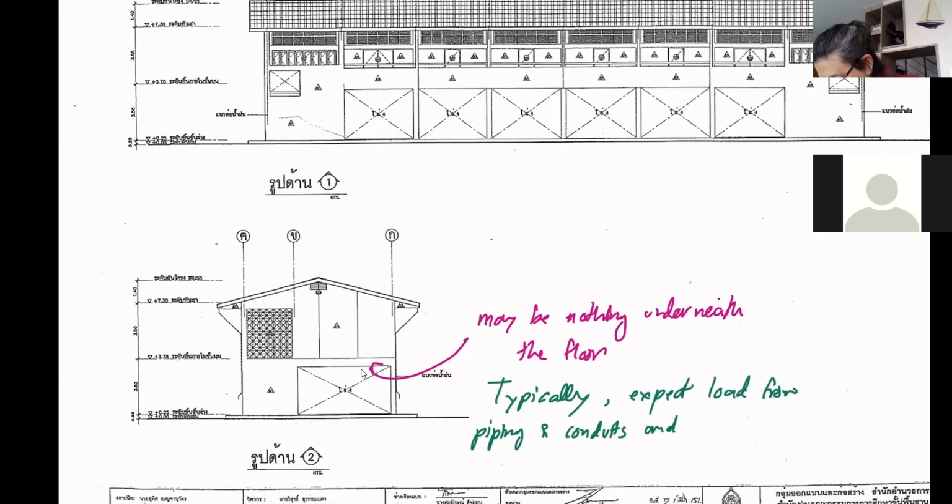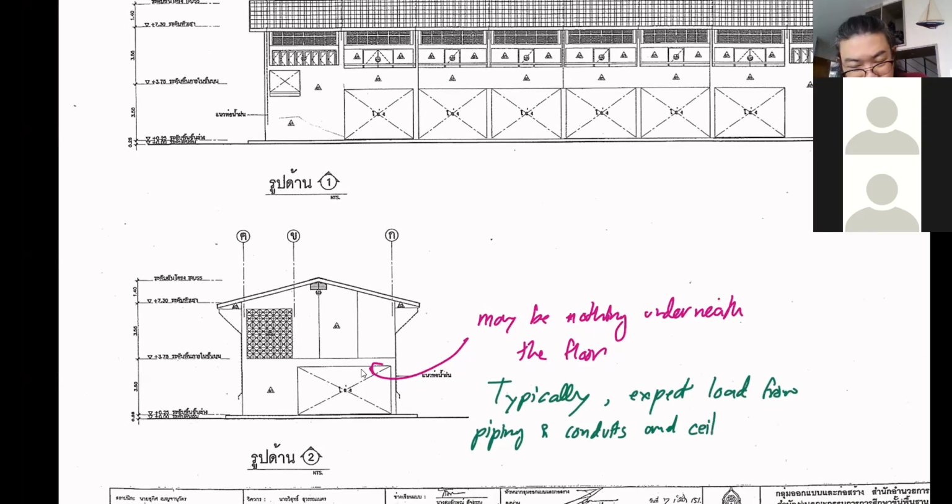And ceiling. Did I spell that correctly? How do you spell ceiling? I-E or E-I? EI, right? Thank you. One L. Yeah, that looks good.